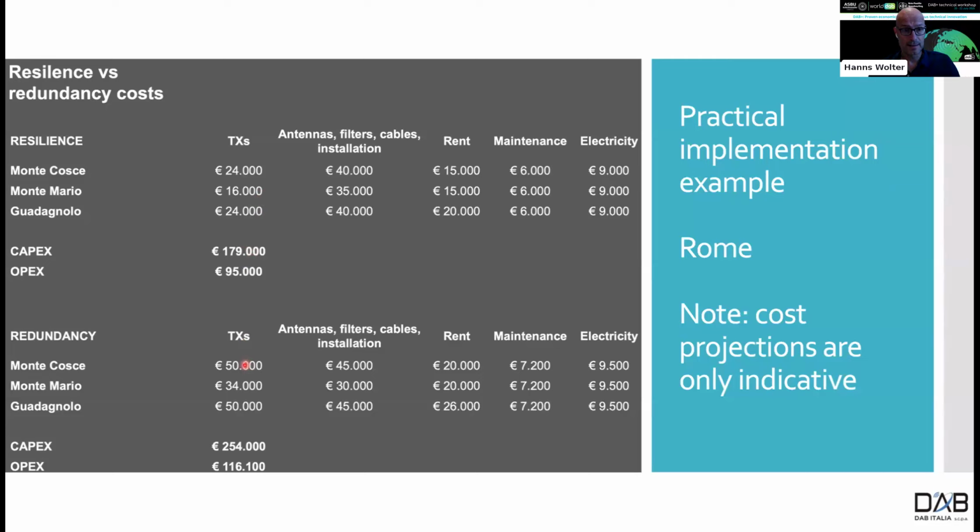if you look at the redundant scenario, of course, the cost for the transmitters is more than double because you also have to add the cost of the logic, the switching, and all this stuff. In this case, I have not considered a double antenna system, but of course, you have a more complex situation because you have to connect two transmitters to the same antenna system.